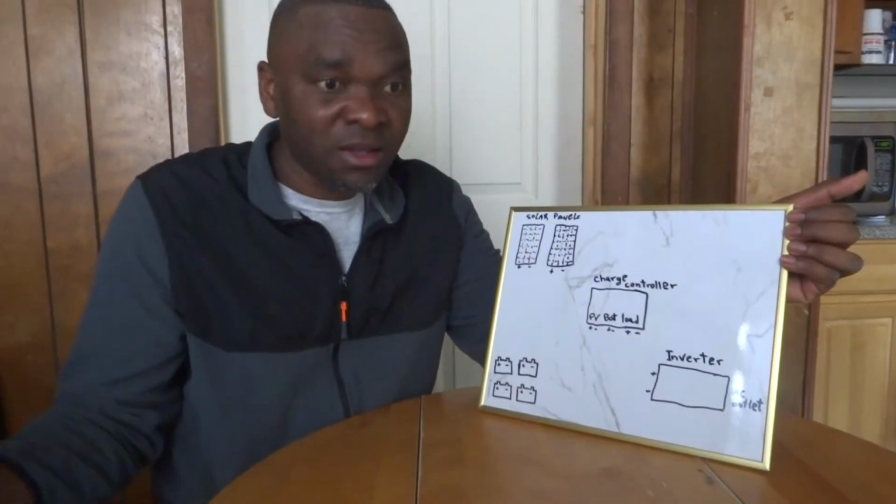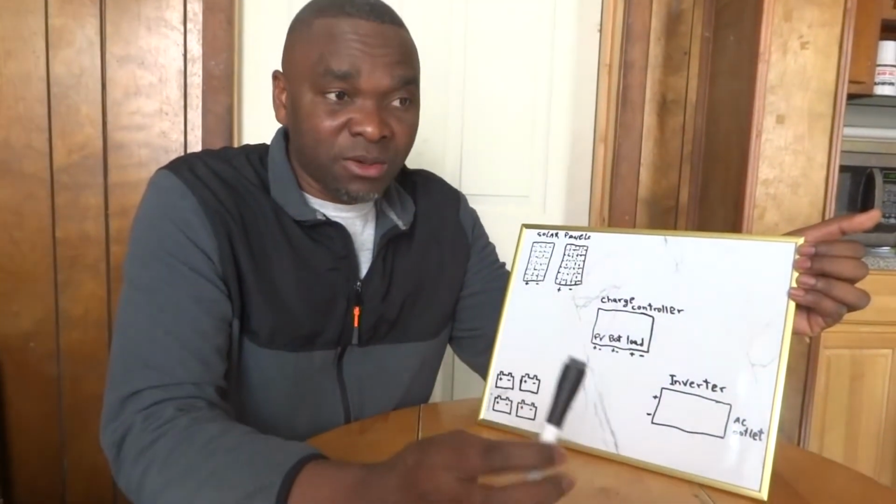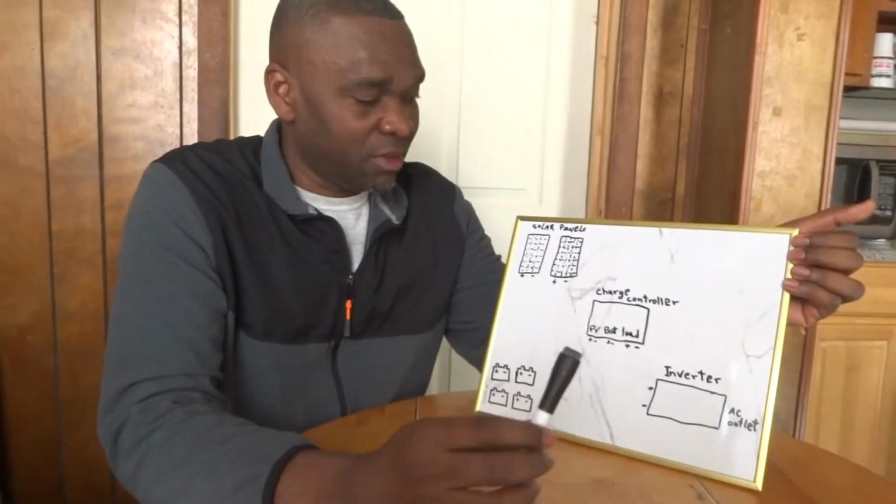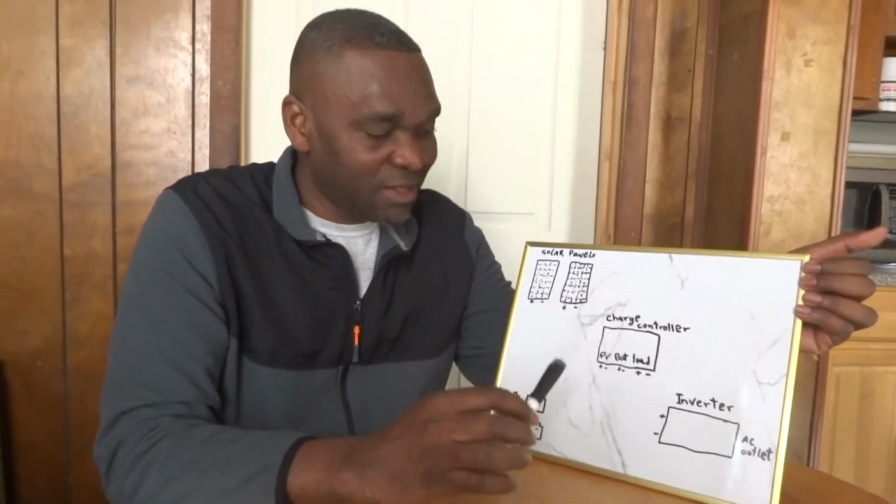But in order for the current to travel long distance, it travels as AC through the wires, and after a while it has to be changed back to DC. All batteries are DC current, pretty much.